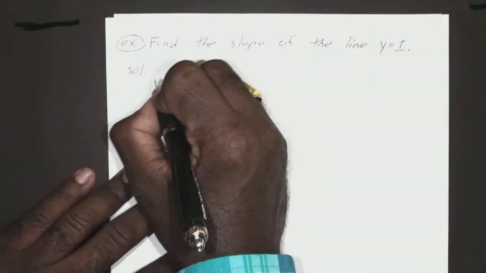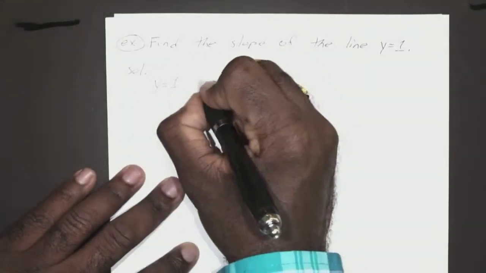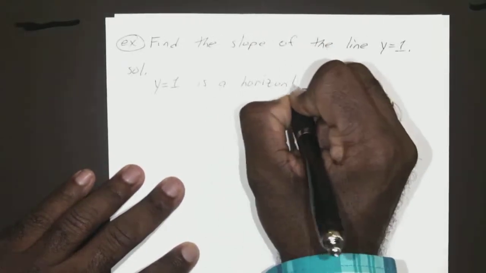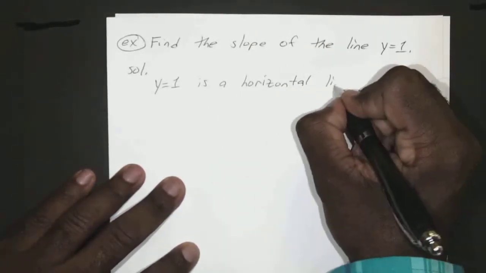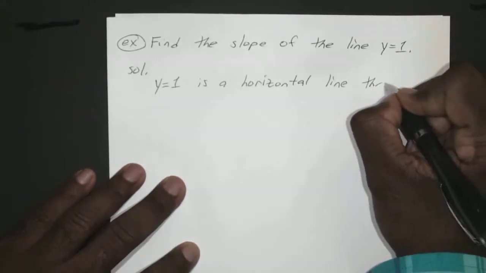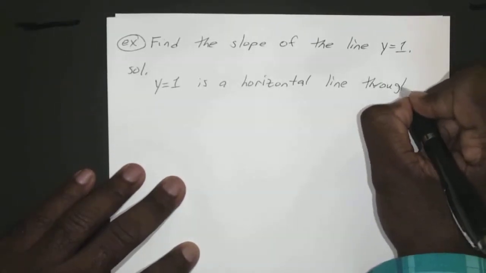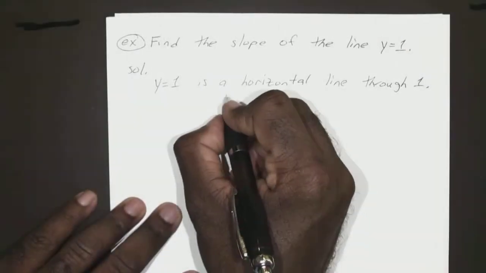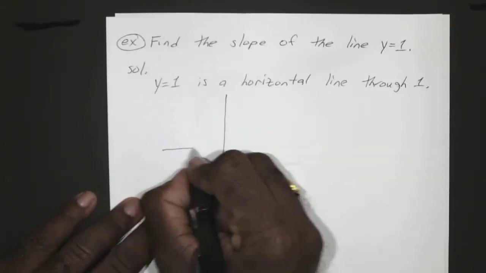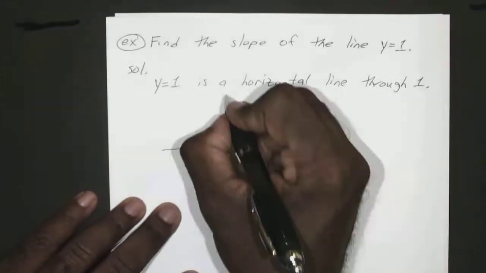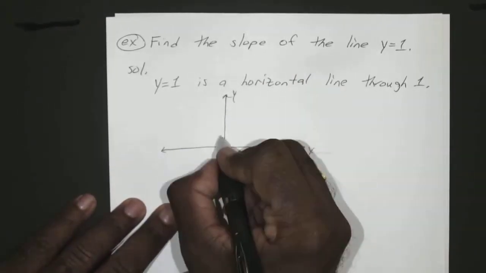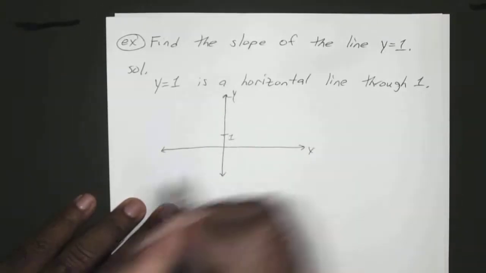Okay. So y equals 1 is a horizontal line through the number 1. So you have your x and you have your y. Let's say this is your value of 1.